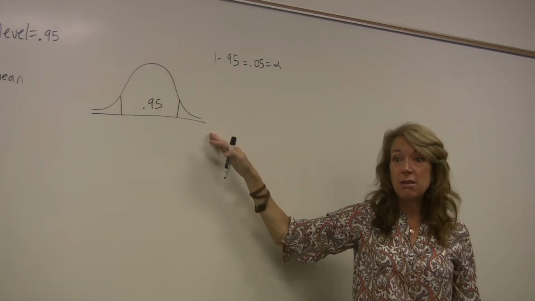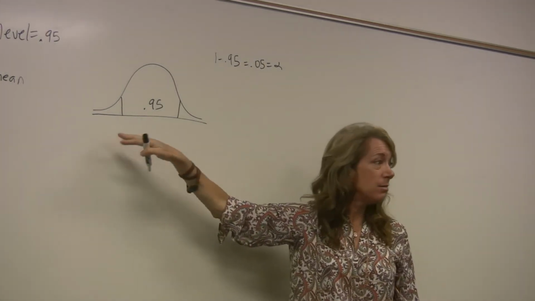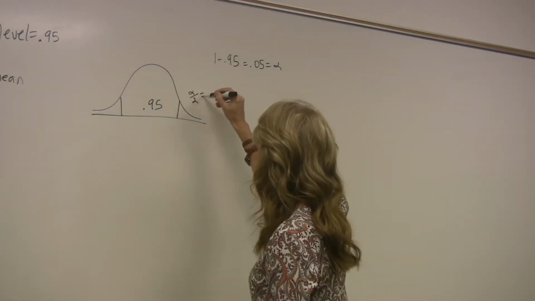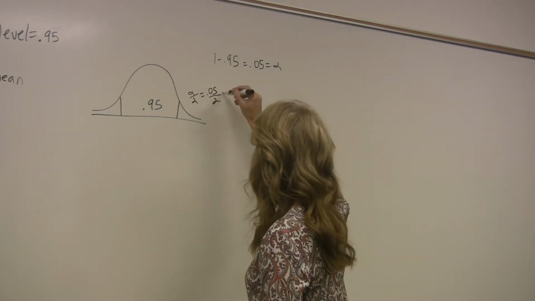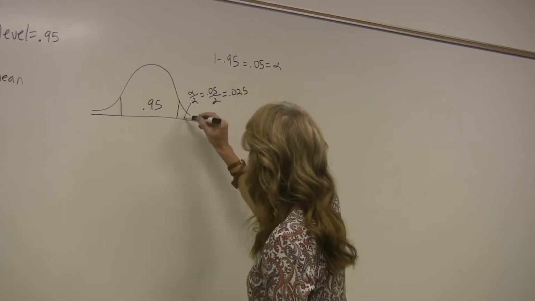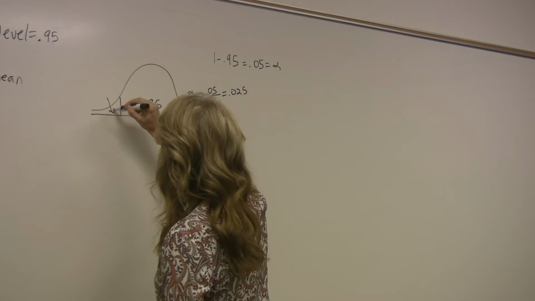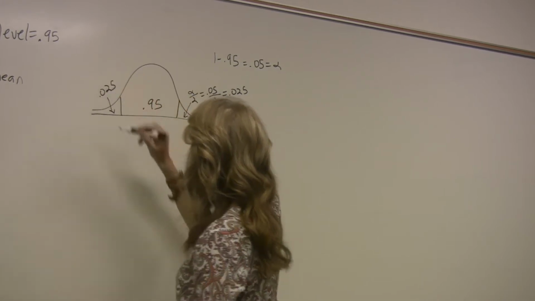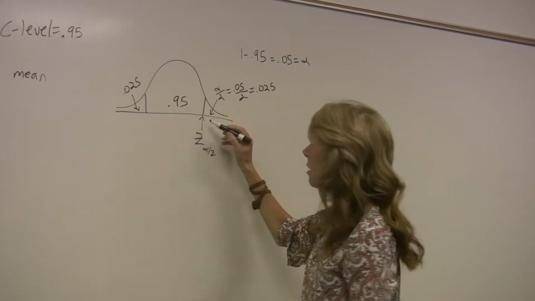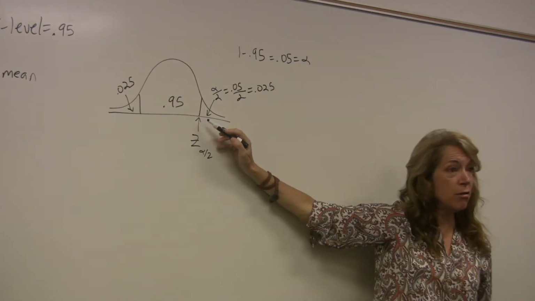And then each tail is half of that. That's the alpha over 2. Alpha over 2 is 0.05 over 2. Each of these tails is 0.025. So this Z right here is the critical value that we're looking for.